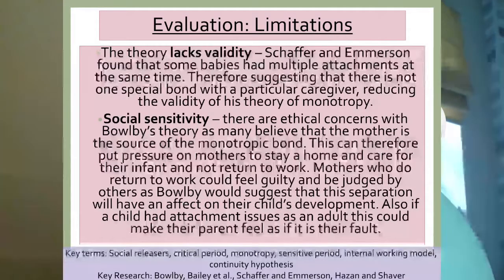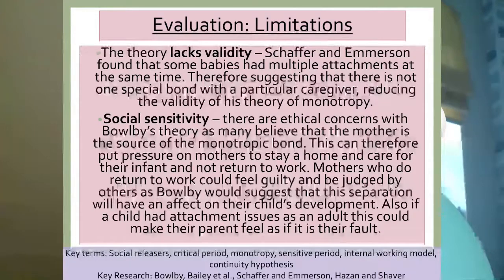Then we have this idea of social sensitivity. So this is the idea that Bowlby's monotropic theory, initially, because it was done in the 1950s and he used terms like mother figure, it was assumed that the mother was the primary attachment figure and the mother was that important person for that child. Because of that interpretation, it could put pressure on mothers.